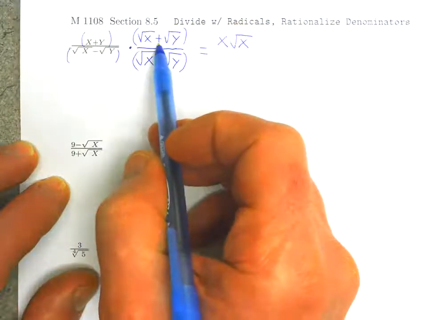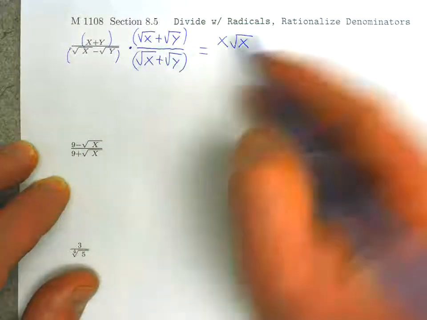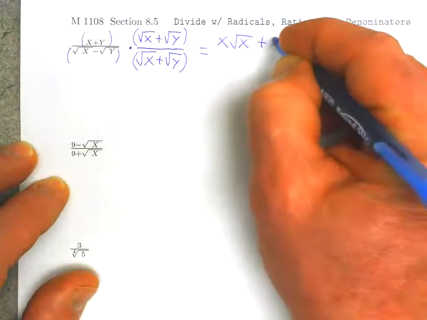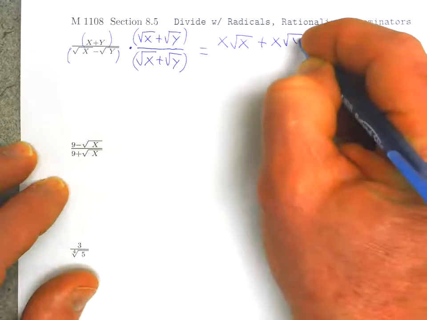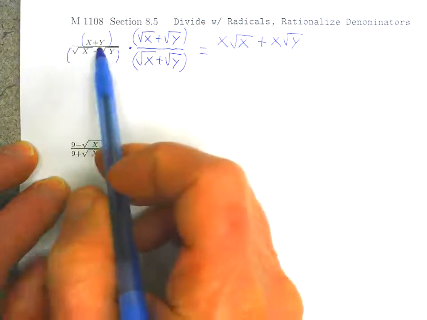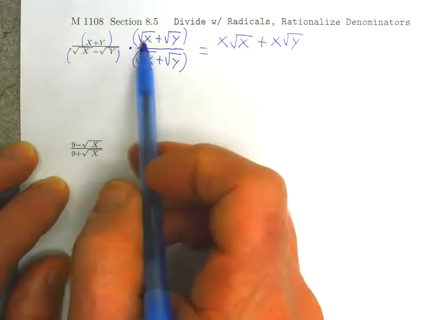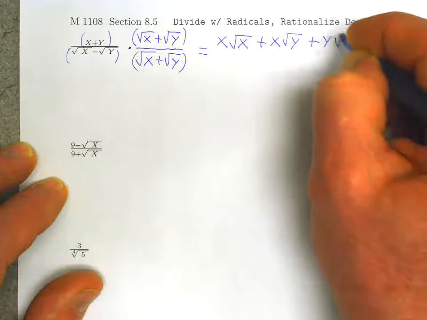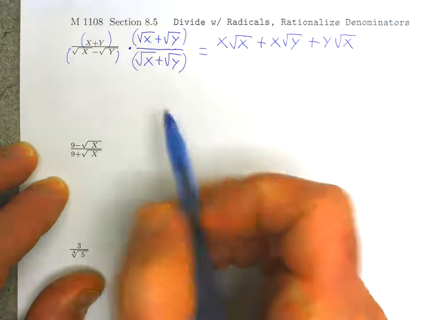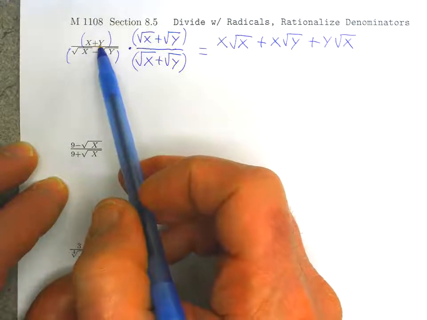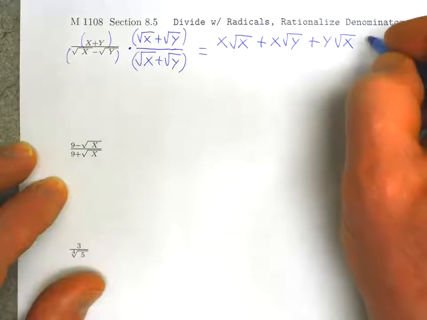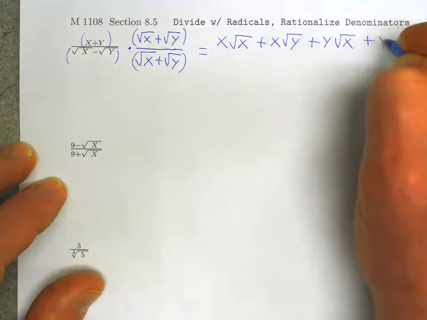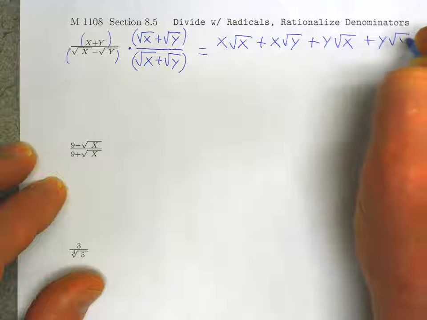Then we add x times the square root of y, plus y times the square root of x, and finally plus y times the square root of y.